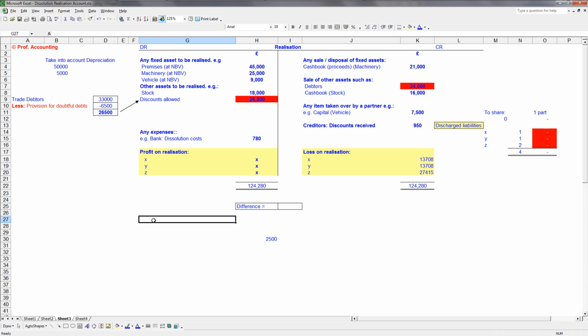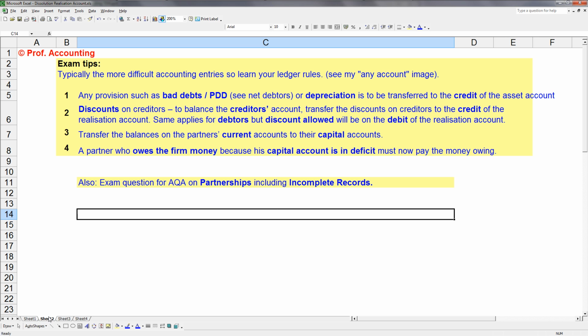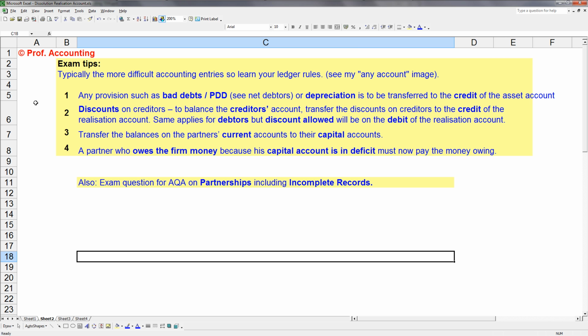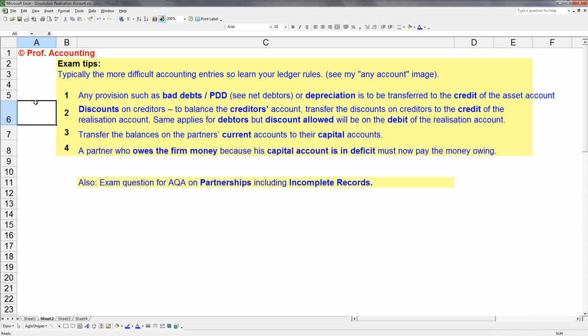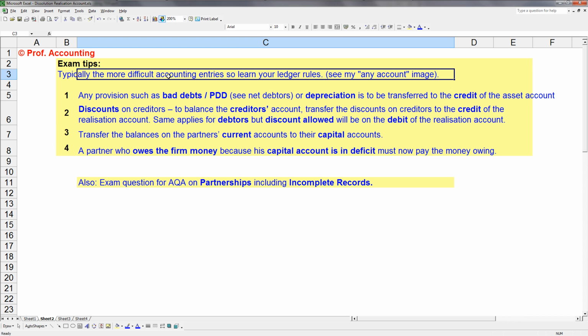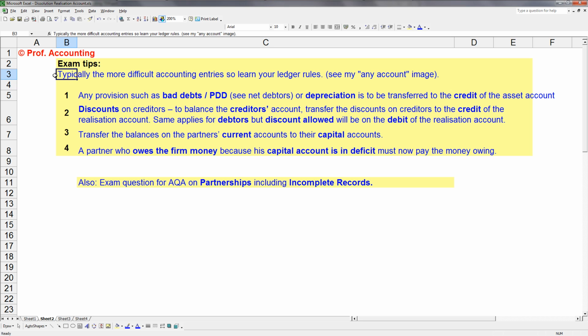Any provisions such as bad debts or PDD, we've got to net off, and I've shown you that.